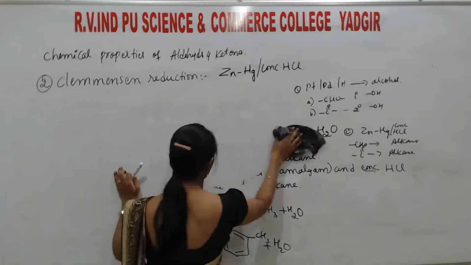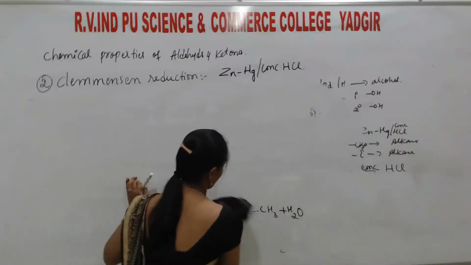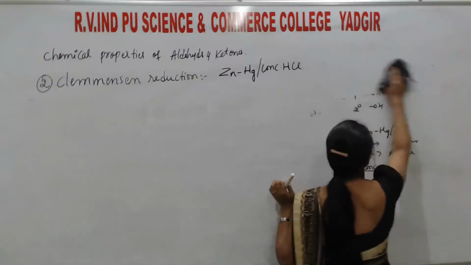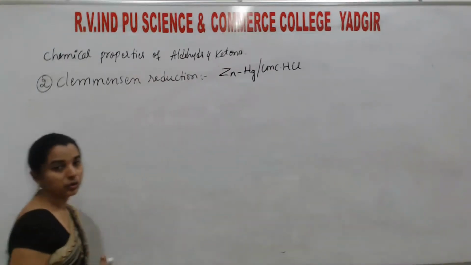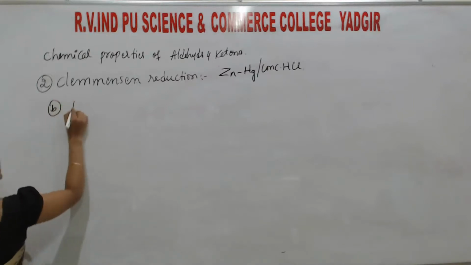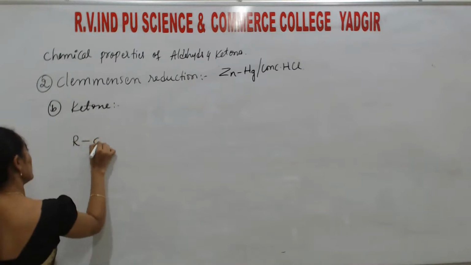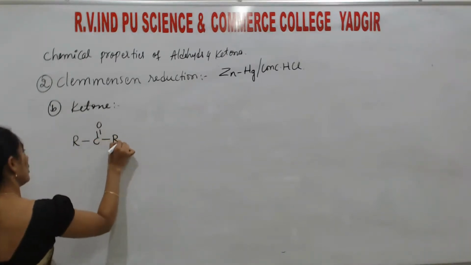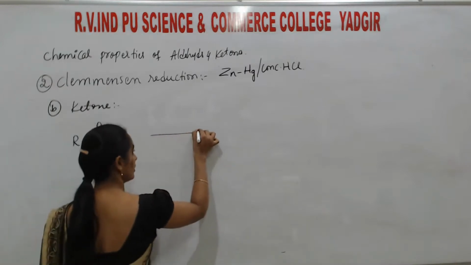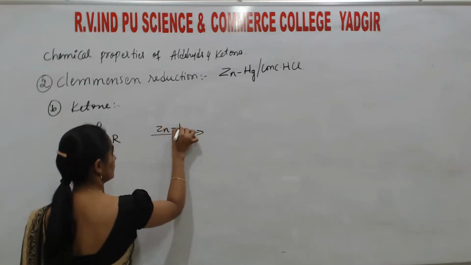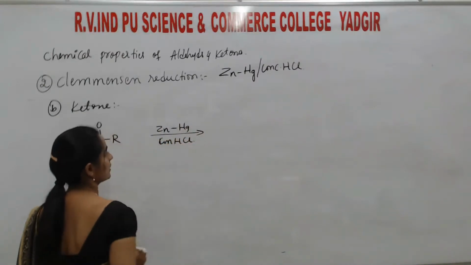This is a very important chapter, so I am going as slowly as possible. I am going to cover all the topics. Listen, the second one is ketone. The general formula of ketone is RCOR, with zinc amalgam in the presence of concentrated HCl.